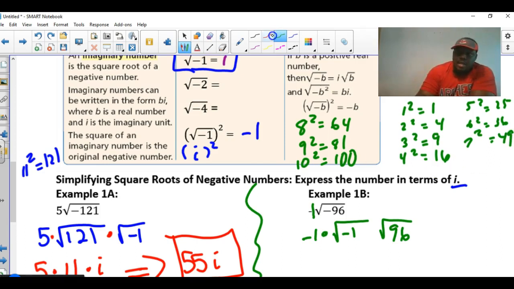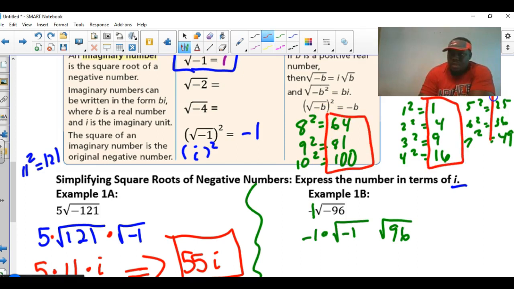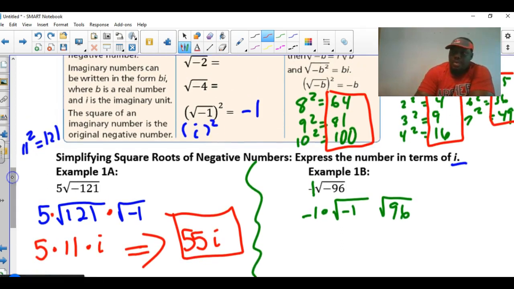Now we're going to look at all these perfect squares. One of these perfect squares is a factor of 96, which means that if I multiply one of these perfect squares by a number, it'll give me 96.